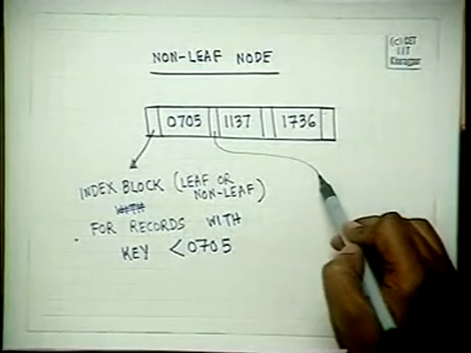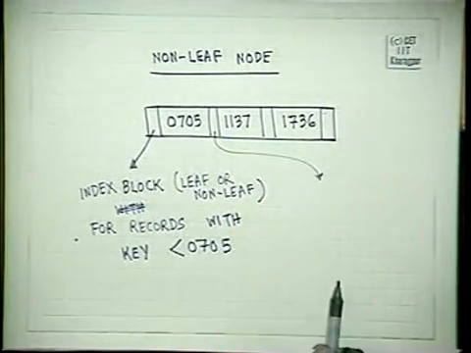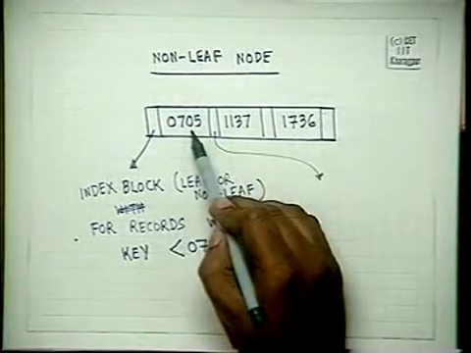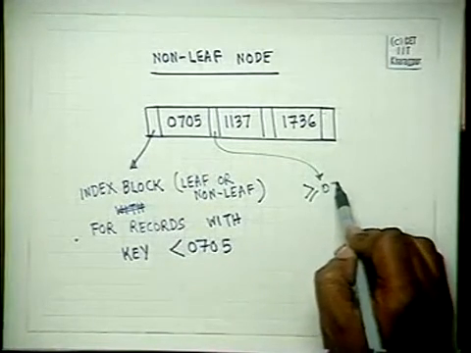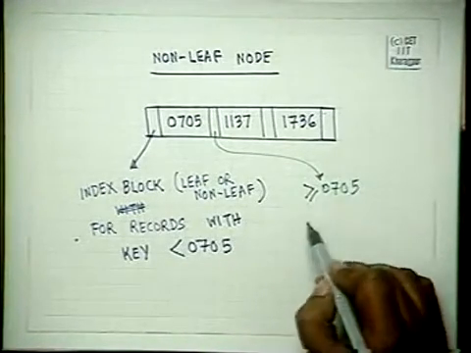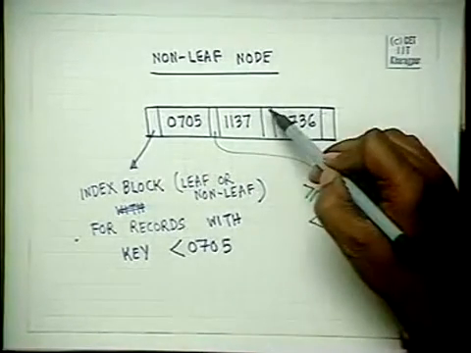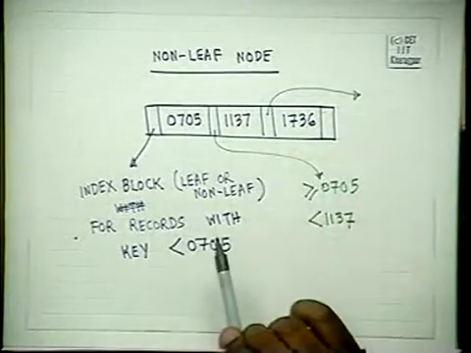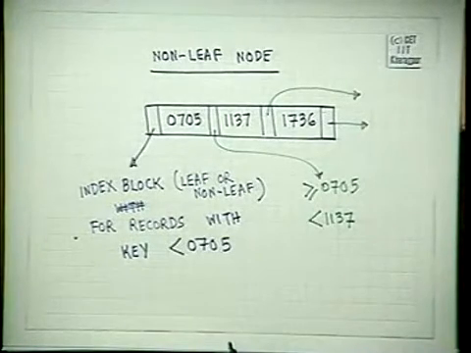Similarly, this will point to an index block which may be a leaf or a non-leaf for records with key greater than or equal to 0705 and less than 1137. This will be pointing to those between 1137 and 1736, and this greater than or equal to 1736.